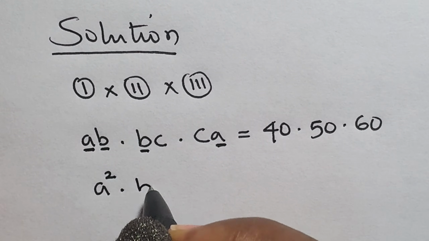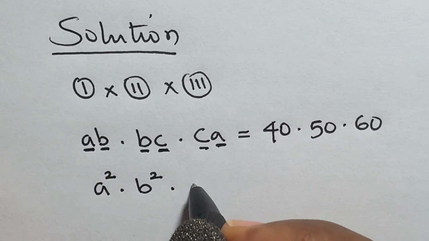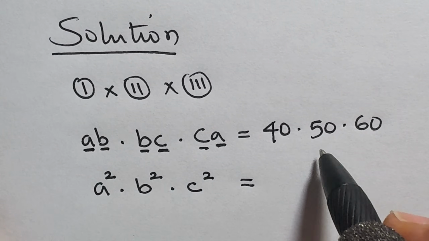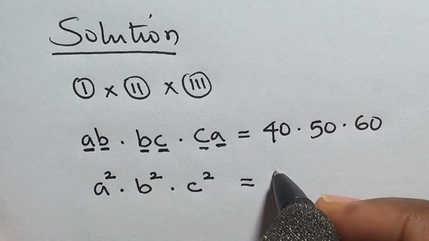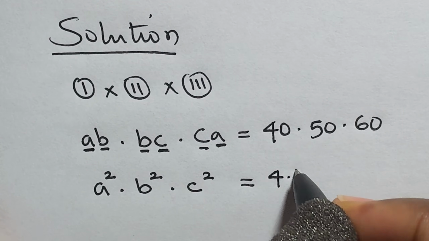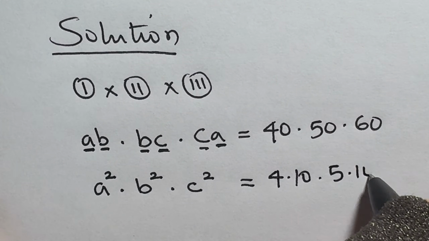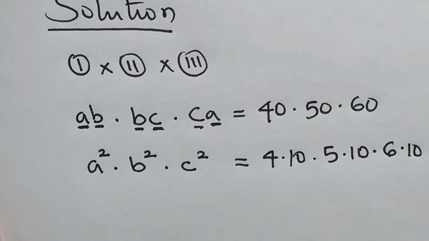So we have A squared times B squared times C squared is equal to 40 times 50 times 60. We can split this into 4 times 10, this into 5 times 10, and this into 6 times 10.